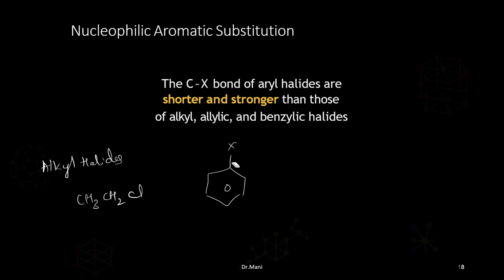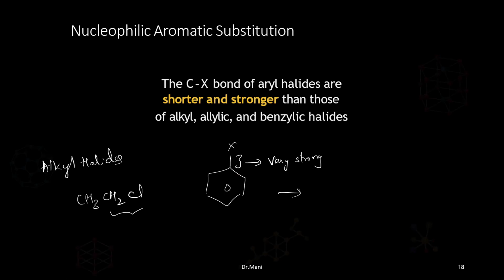This is very, very strong. Whereas the bond between this carbon and the chlorine is not that strong. So you can easily break it and form the carbocation. But breaking the halogen bond with the aromatic compound is too strong, so it will form a very unstable carbocation as well.